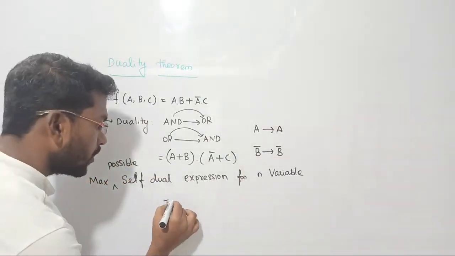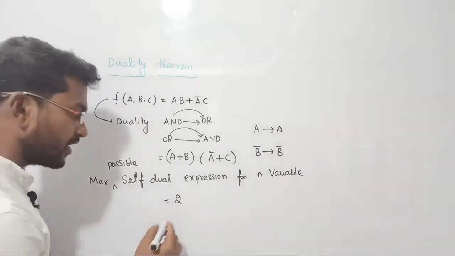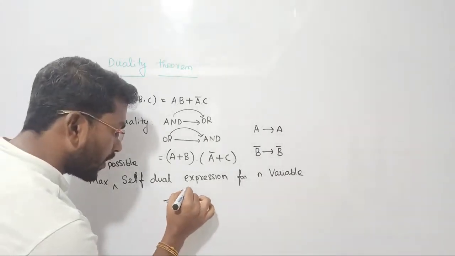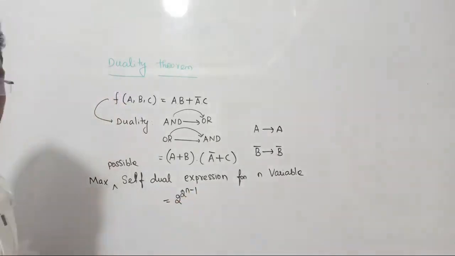The observation is 2 power n minus 1, 2 power n minus 1.